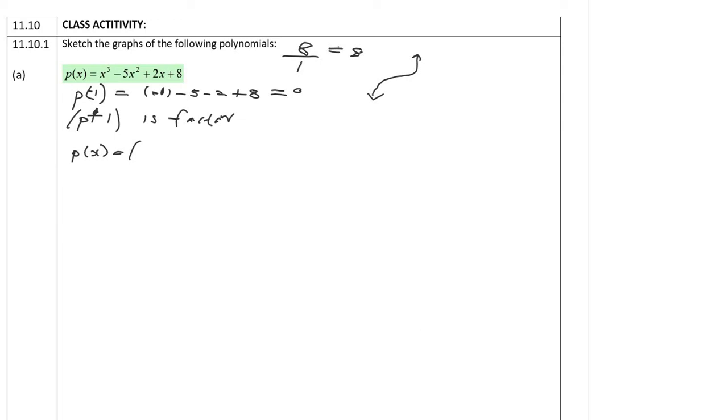I don't know why I wrote P plus 1 here. P of minus 1 gives 0, but x plus 1 is the factor. So x plus 1 over here. And then inspection. First times first should give first.